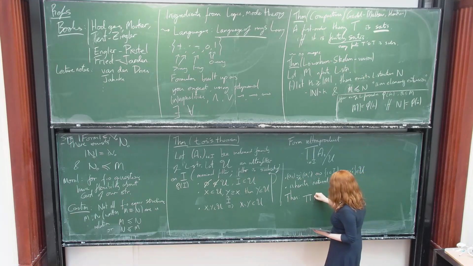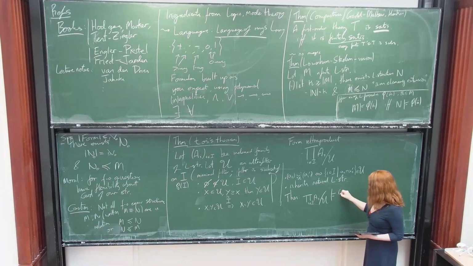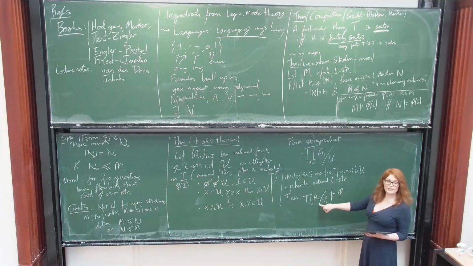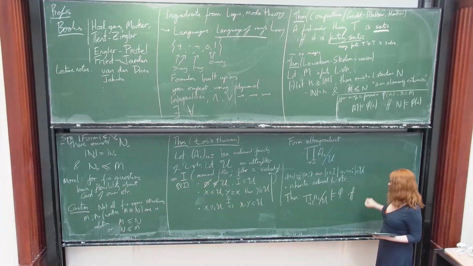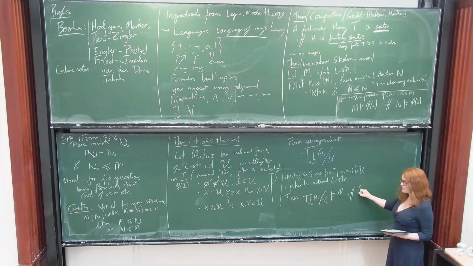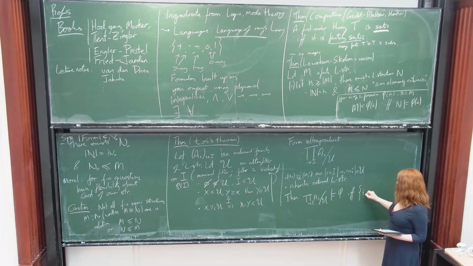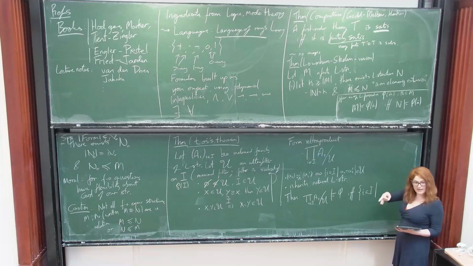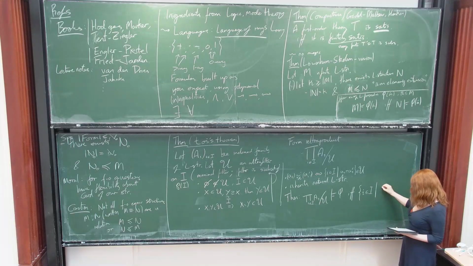So the theory of this, meaning which phi's are believed by this structure, well, that's easy to write down now. It's those phi's such that the set of indices where phi is true is a big set.